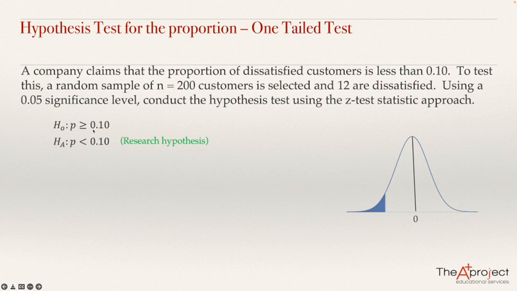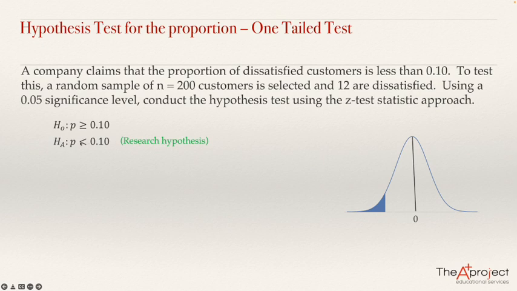If I compute the z-score of 0.10, it will be 0. So if I want to check that something is less than 0.10, then I'm going to be considering a number whose z-score will be less than 0.